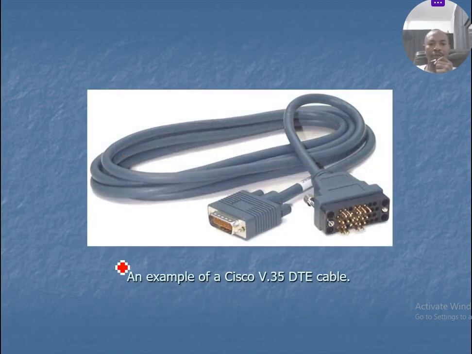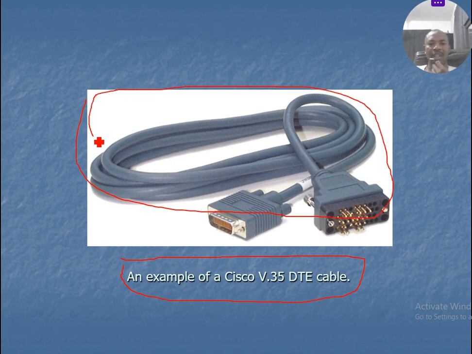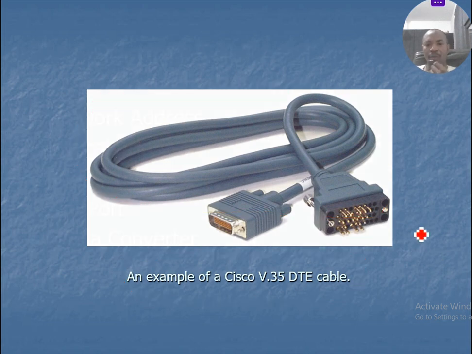Here is an example also from Cisco: a Cisco V35 DTE cable. This is a DTE cable. When you get to the field as a network engineer or administrator, you should know all these things because you've studied them already. You see them in the classrooms, so you should know them. This is what we call the Cisco V35 DTE cable.